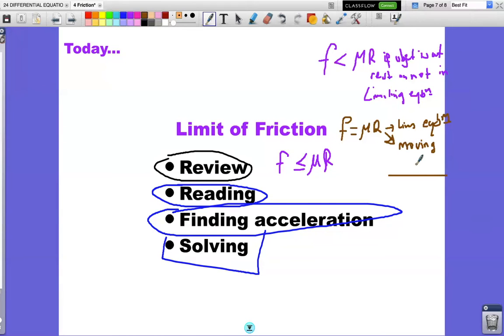This means you have an object, you have two surfaces, and this object is sliding. So if something is rolling, the problem is completely different, but we are not going to talk about that in mathematics. I think we discussed rolling in further math, so further math students should know what we're talking about.